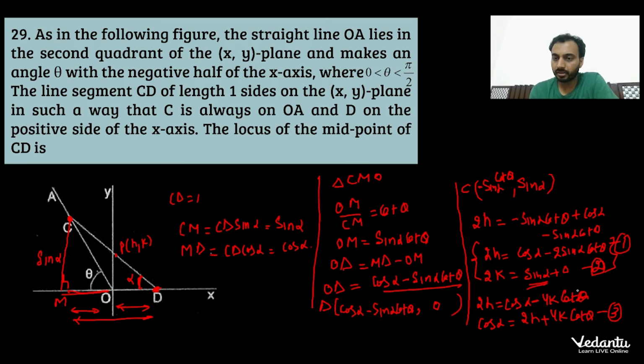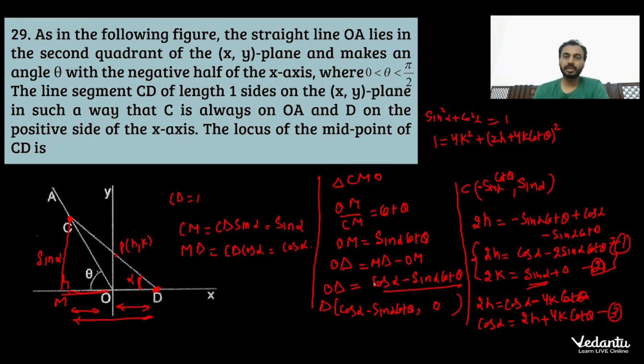Now if we see equations number 2 and 3, if we square and add these two equations, we get sin square alpha plus cos square alpha is 1. So 1 is equal to, sin square alpha is 4k square, and cos square alpha is 2h plus 4k cot theta, whole square.